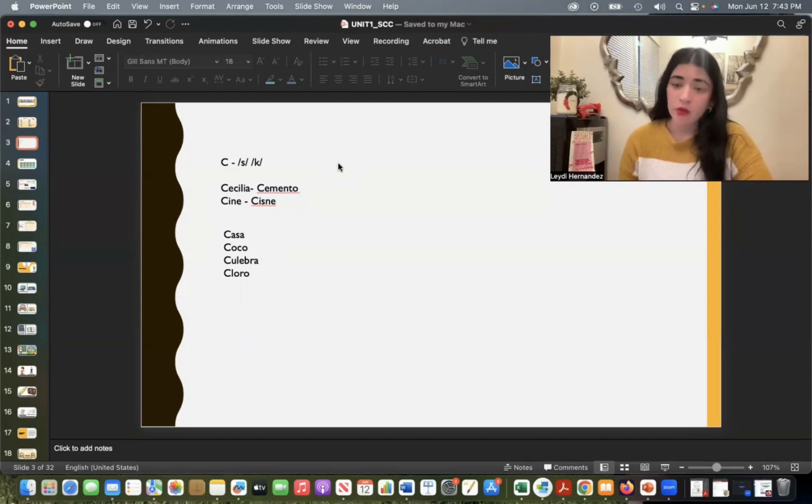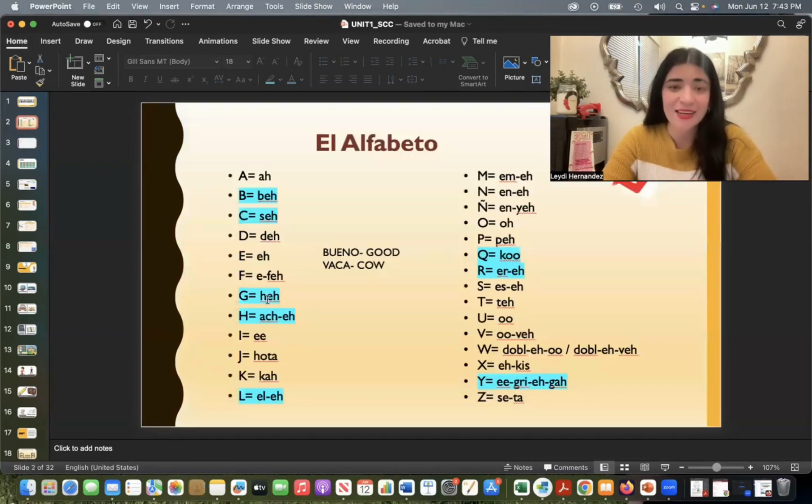If it is a weak vowel, like E or I, the sound is like S, like Cecilia or Cine or Cemento. But if the vowel is strong or it's a consonant, it has a K sound, okay? Casa, coco, culebra, cloro.